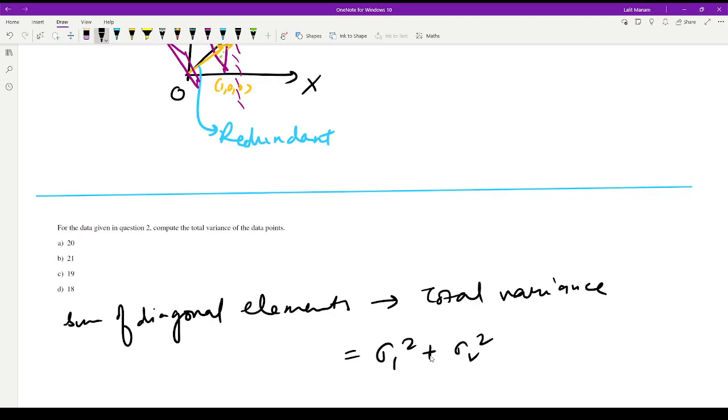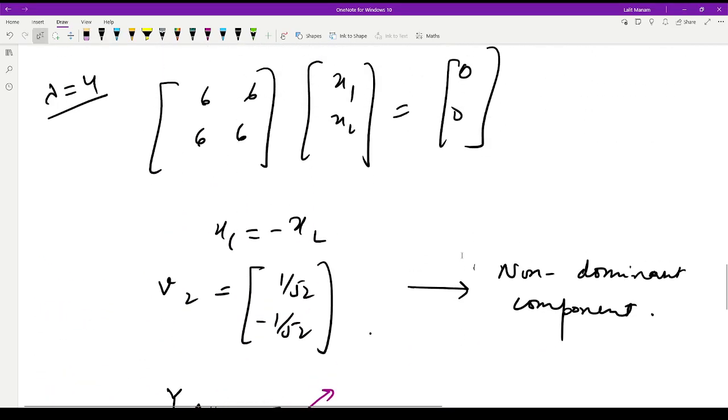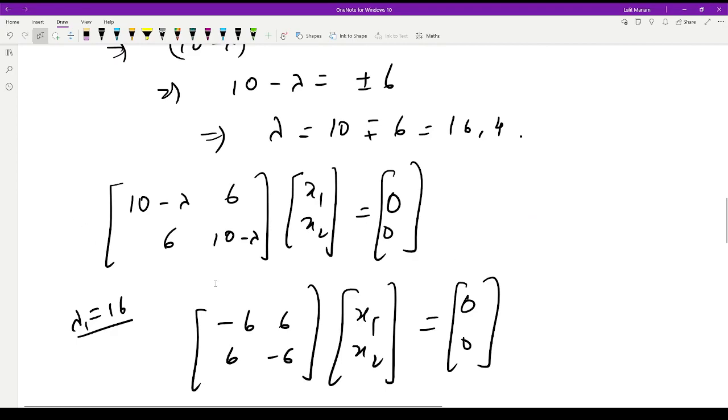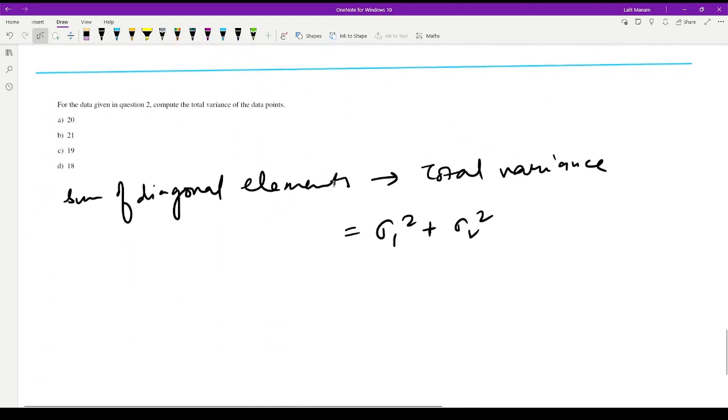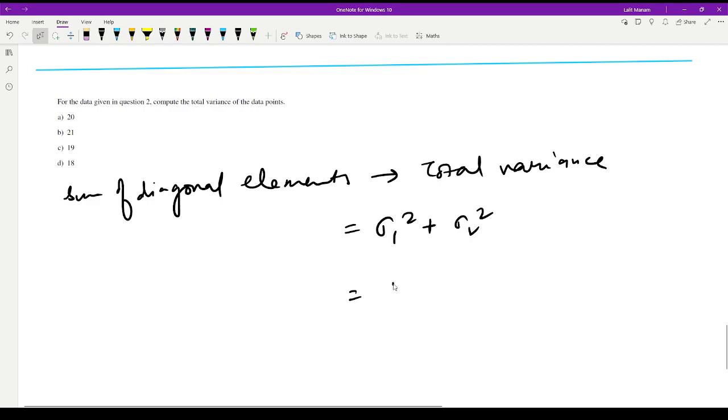In this specific case, we know our matrix, and the sum of diagonal elements turns out to be 10 plus 10, which is 20. So this is our answer.